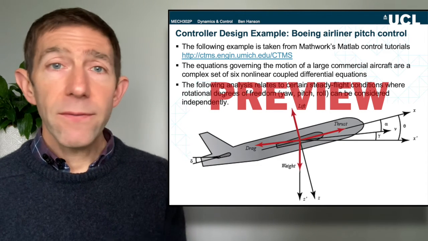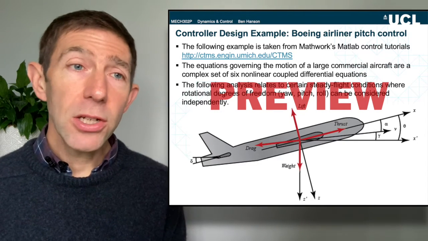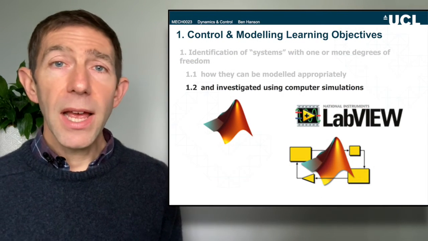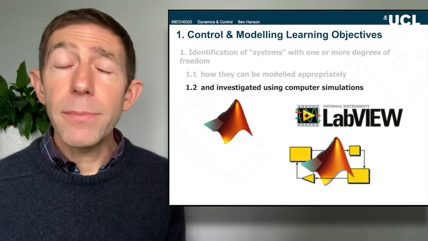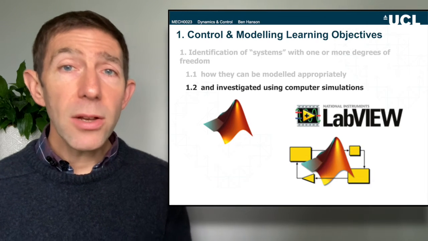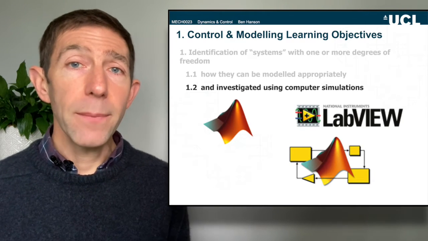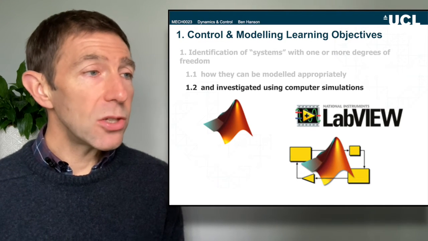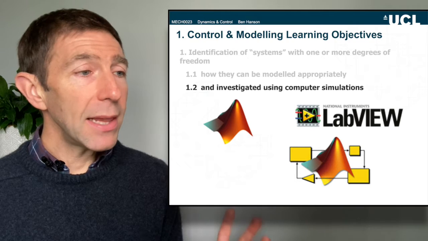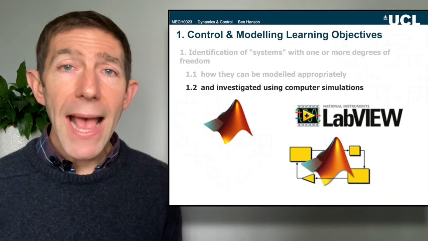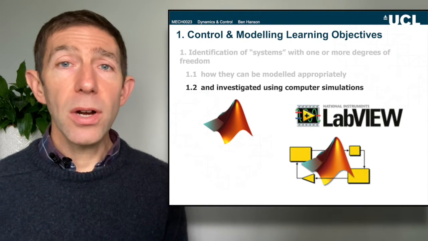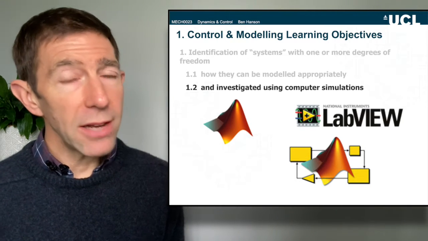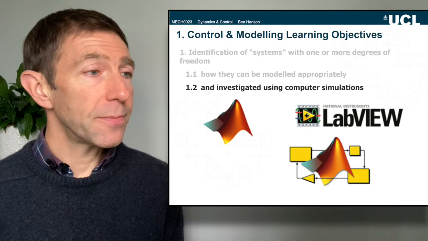We're going to do that first with Laplace transfer functions, but then the second objective is that we're going to be able to investigate these systems using computer simulations. When your level of detail gets so much that writing everything down on pen and paper is too complex, MATLAB, LabVIEW and Simulink are excellent tools for analysing more complex systems, once you've understood how to do it at a simple level first.